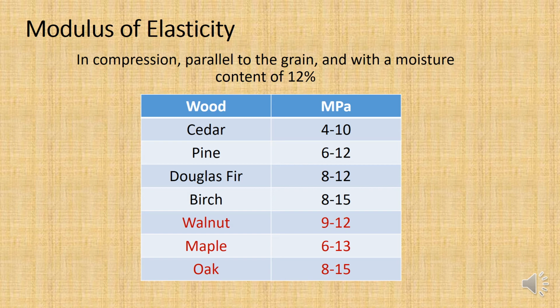You can see immediately there's quite a variation in elasticity. You've got 4 to 10 megapascals for cedar, 8 to 15 megapascals for oak. But the first thing you should notice is that the modulus of elasticity is quite high for wood compared with concrete or aggregates.